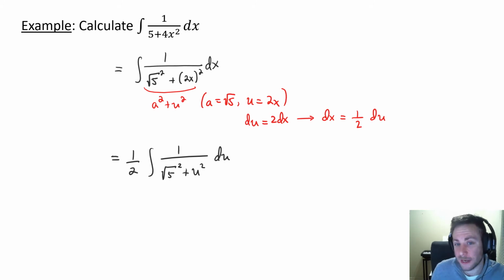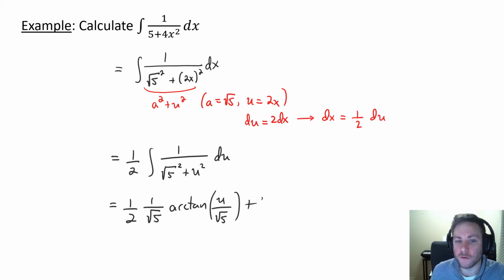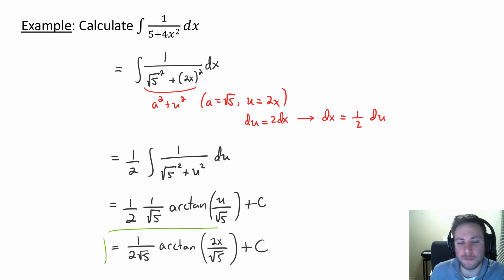This now exactly matches the form of the last formula given on the previous slide, where a equals root 5. So we can declare this as 1 over root 5 arctan of u over root 5. As a final step, remember to put this back in terms of x, and you're done.